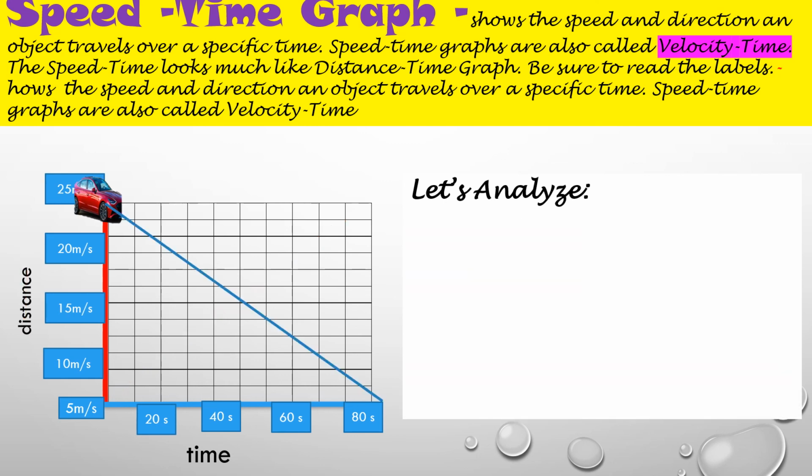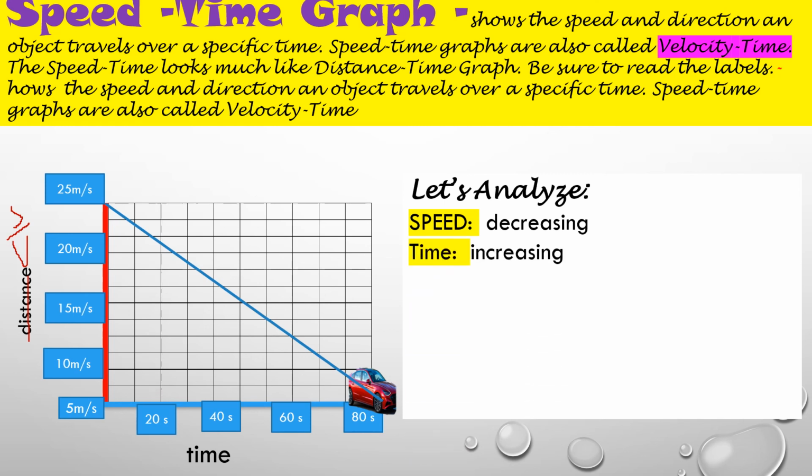Next. Okay. What happened to the speed? Decrease. Decrease po. Ito, speed or velocity. Hindi ko na-edit eh. It is decreasing. What about the time? Increasing po. Okay, increase to the right.